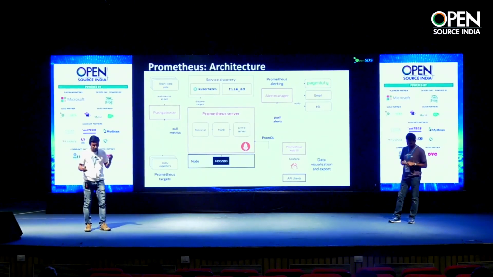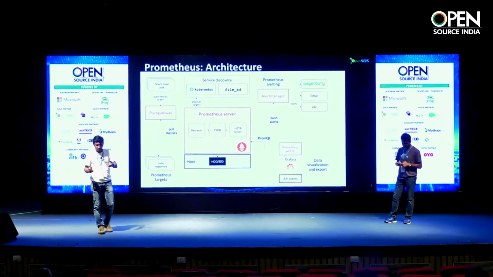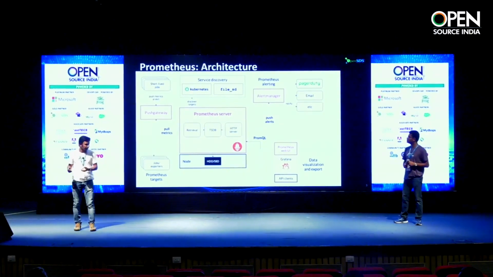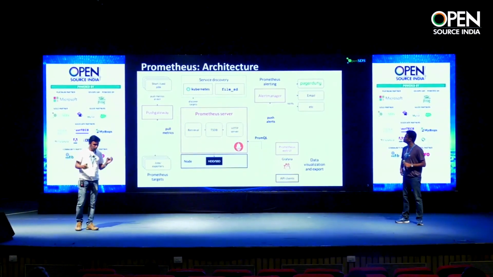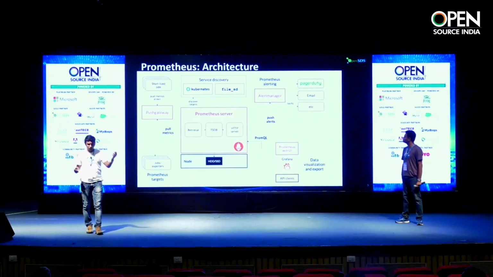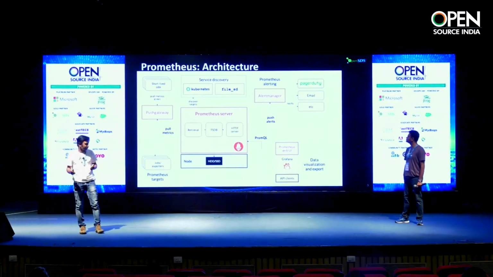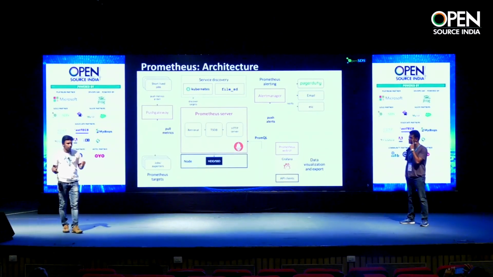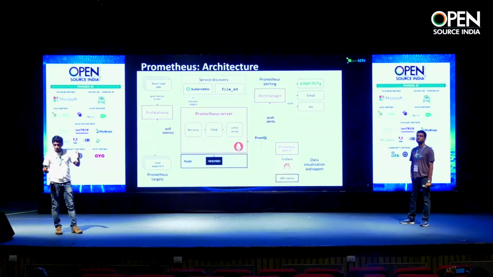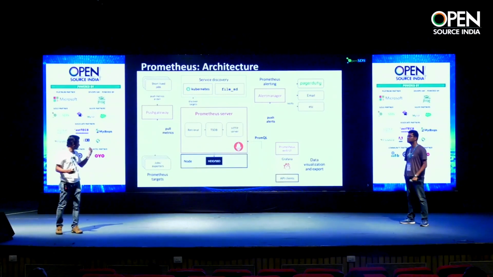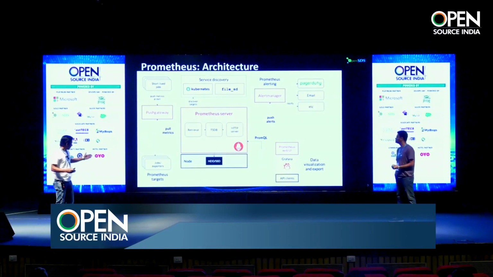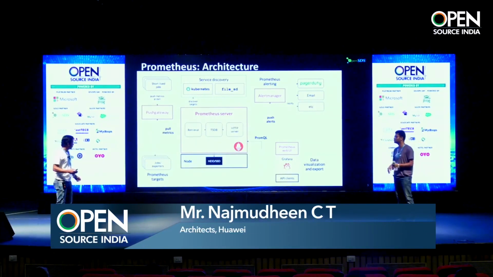The time series database uses the locally attached disk for storing the time series data. The retrieval module retrieves metrics from exporters or from push gateway. So there are two ways to get metrics into Prometheus. One is through exporters, one is through push gateway. We will talk about the difference between push and pull in our coming slides. And we'll talk about job exporters also.